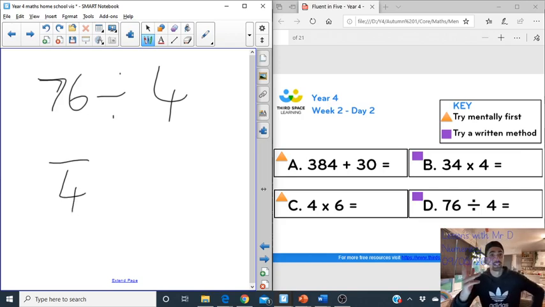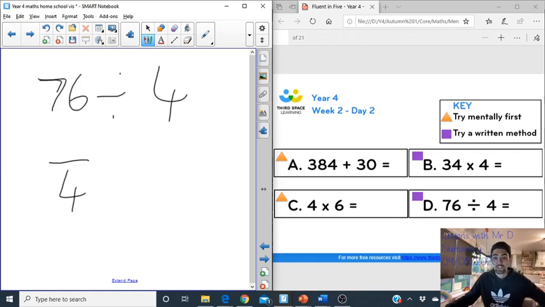If you're putting something into 4 equal parts, if you're dividing by 4, you're splitting it into quarters. So you need 4 equal parts to 76. 76 is going to be split into 4 numbers that are all the same, but when added all together, make that 76 again. That's another way of looking at it.